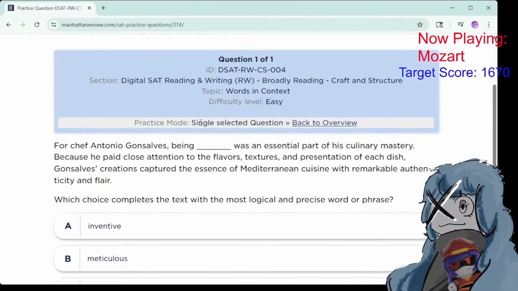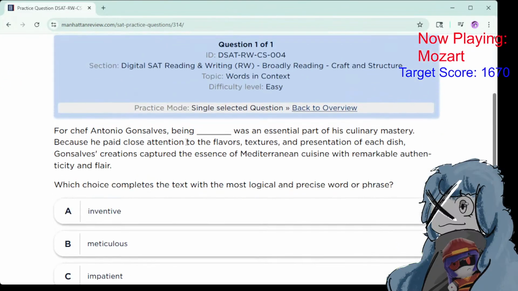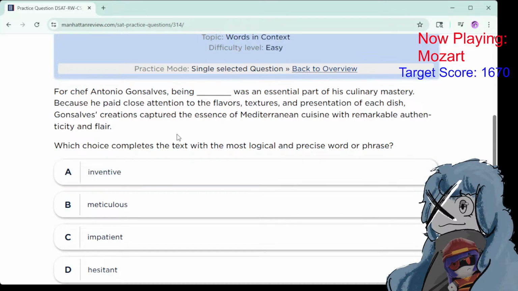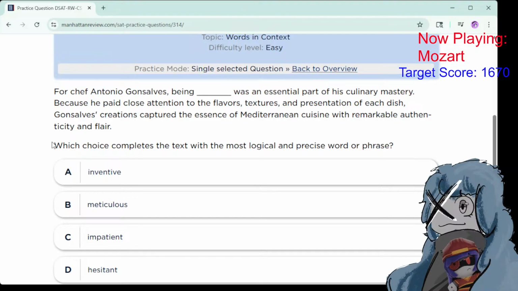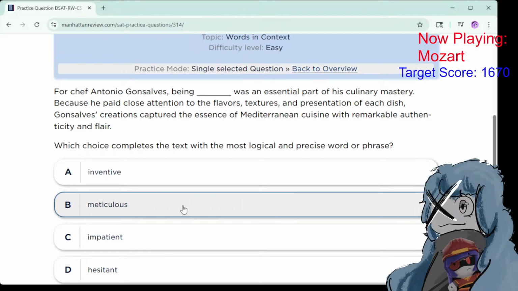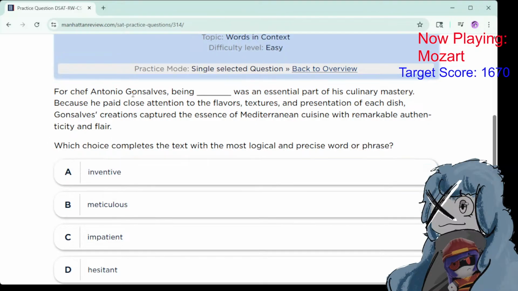Question 4, words in context. The words in context ones are pretty hard because it's really hard to deduce which word is the meaning. Right now I don't know meticulous. Actually, I knew meticulous and I said it. This one's easy. For Chef Antonio Gonzalez, being blank was the essential part of his culinary mastery because he paid close attention to flavors, textures, and presentation of each dish.